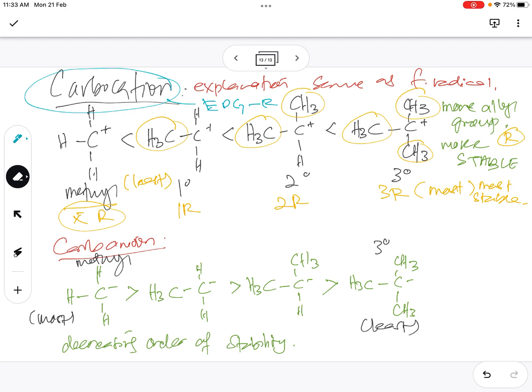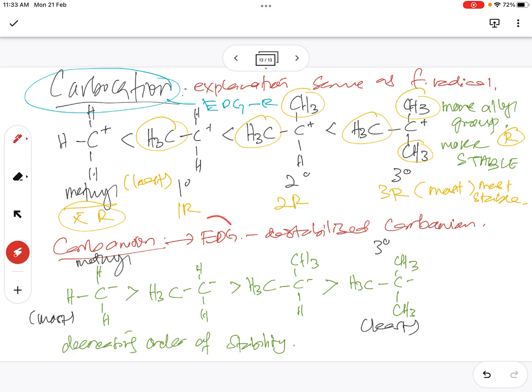Tak apa, kita gunakan EDG saja, bukan guna EWG sekarang lah. Saya guna kemudian, nanti confuse pula. Kita masih fokus pada EDG. Now what happened? The presence of EDG destabilize our carbanion. Okay, I want to repeat again. The presence of EDG destabilize carbanion.